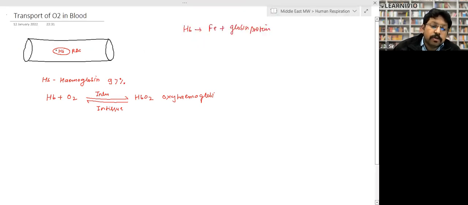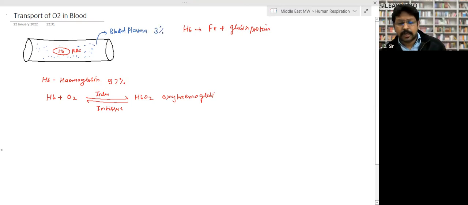Now what about the 3%? Blood has two components: RBC and blood plasma. Some amount of oxygen gets dissolved in the blood plasma.